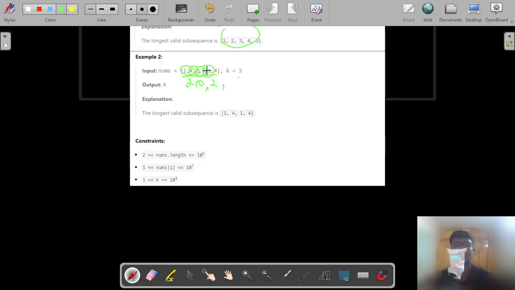So 3 plus 1 will be 4, and 1 plus 4 will again give us 2. So I see one pattern. If we take this as a possible subsequence, up to the circular part of this array, 1 4 1 4, then this becomes a valid subsequence of length 4, right?